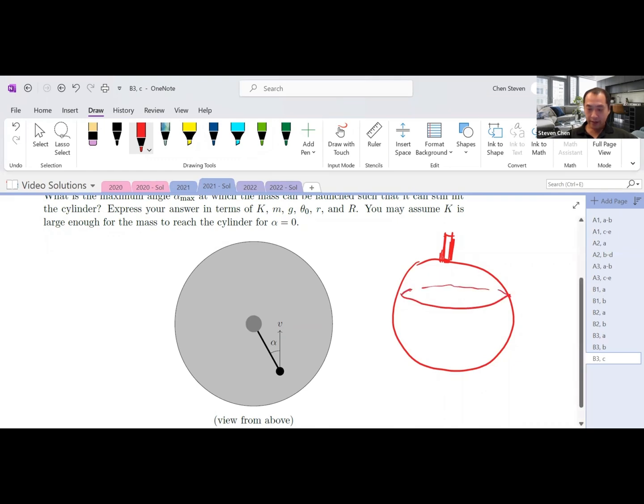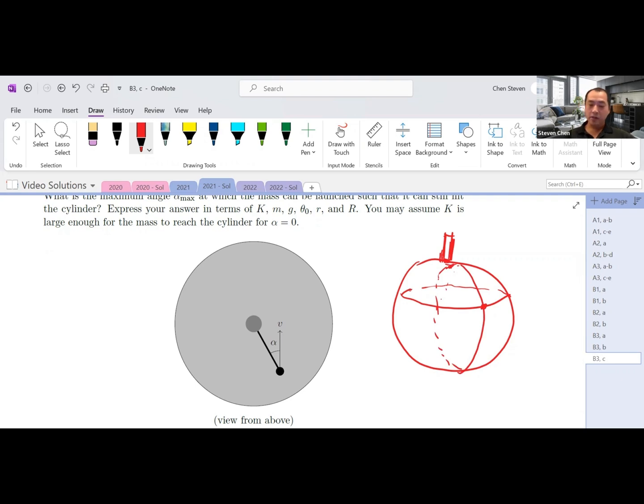Let me draw the latitude, and then let me draw a longitude. Okay. Suppose the mass is here initially.